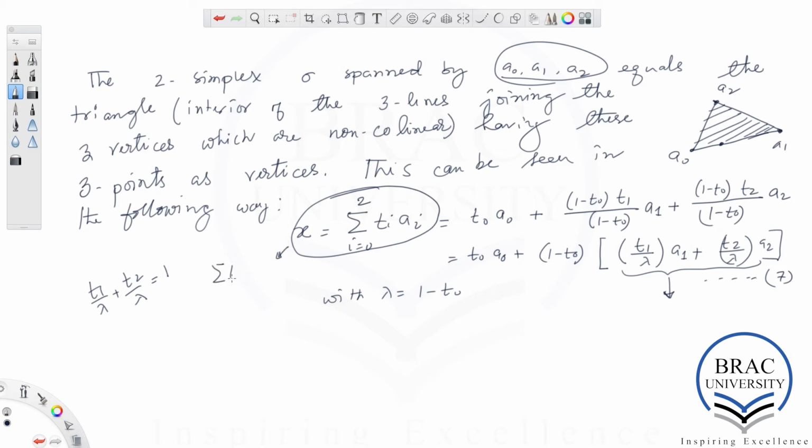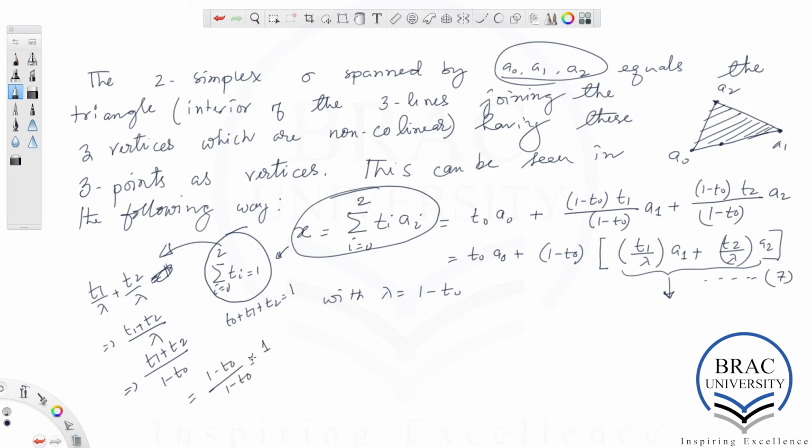That the sum of all the ti's, i from 0 to 2, is equal to 1. Using this constraint we see that it is exactly equal to 1, because this is t1 plus t2 over lambda, and lambda is 1 minus t0. We know that t0 plus t1 plus t2 is equal to 1, so t1 plus t2 is 1 minus t0. This 1 minus t0 cancels against the lambda, so that we just have 1.